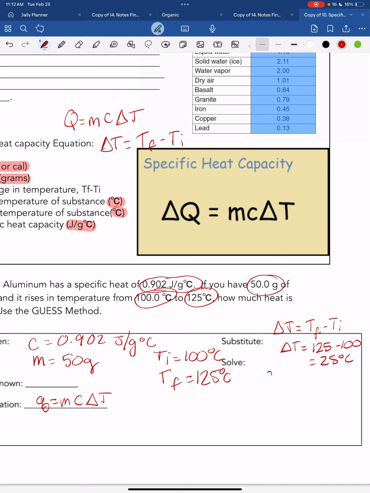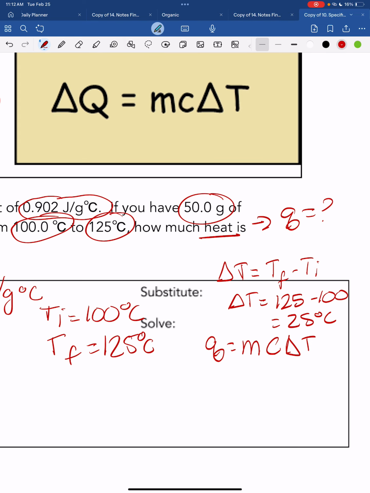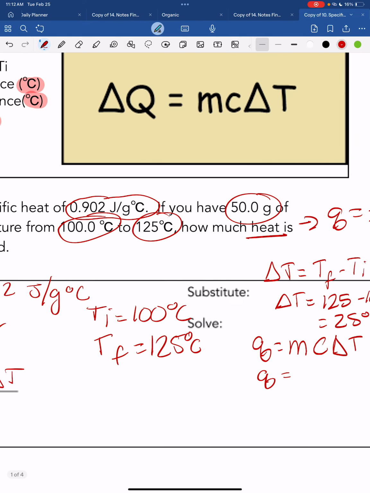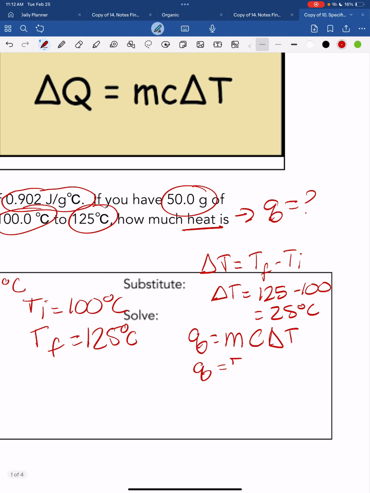And then we can plug it into the equation. We're solving for Q. Q is our unknown. Our heat is Q in joules. How much heat? That's Q. So we have Q equals my M, which is 50, times my specific heat, 0.902, and then my change in temperature, 25.